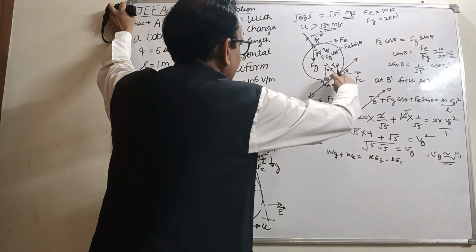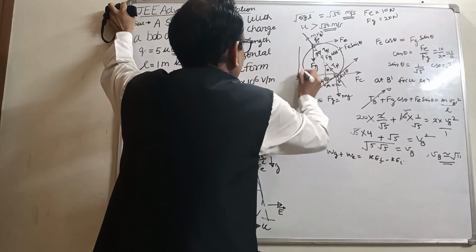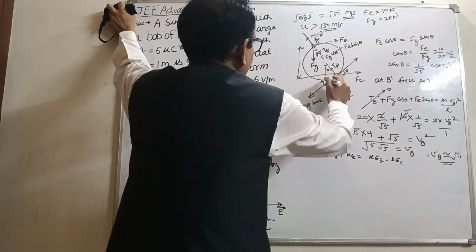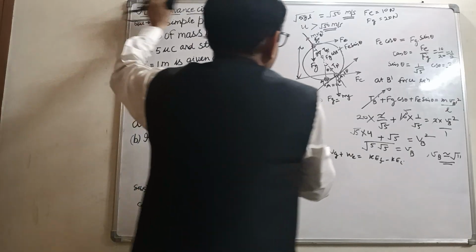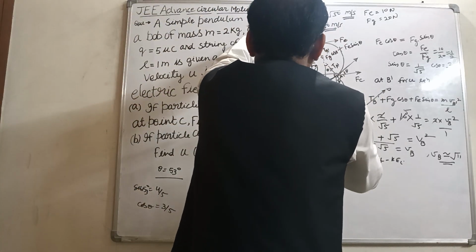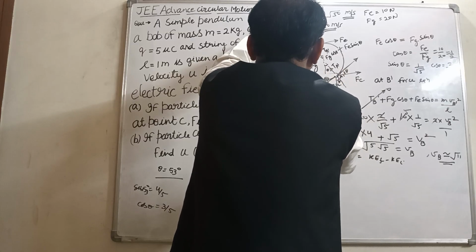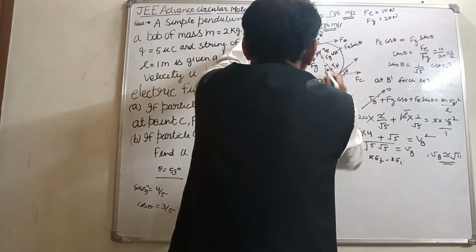Gravitation force is acting in this direction and the displacement from here to here, what would that be?